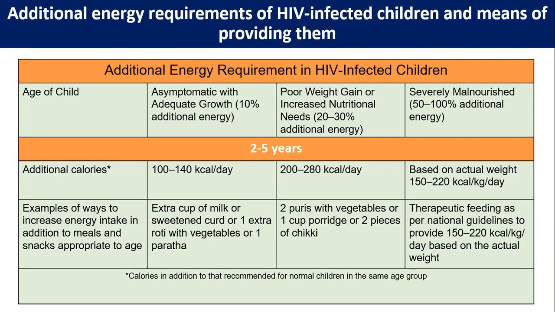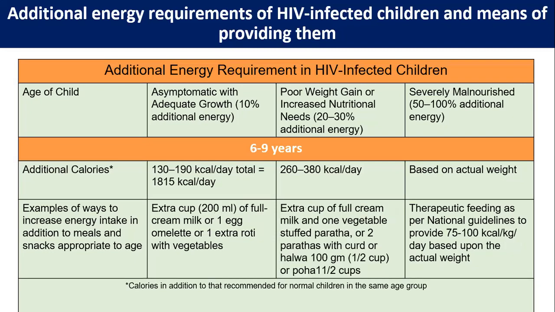This calories can be added up with edible oil, milk, butter, sugar, and even with the curd, extra rotis, vegetables, or parathas. Now, for providing 200 to 280 kilocalorie in a 2 to 5 years old CLHIV, we can provide it by adding 2 puris with vegetables or 1 cup of porridge with 2 pieces of chickpea.